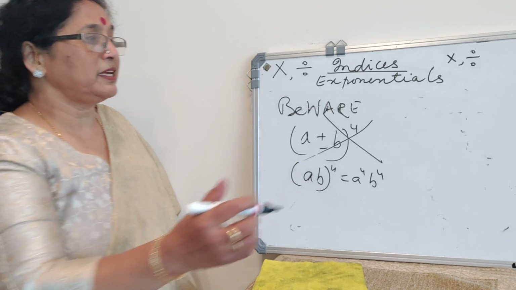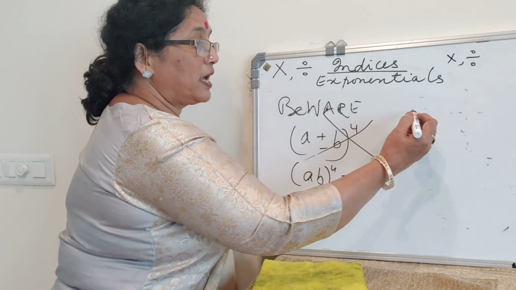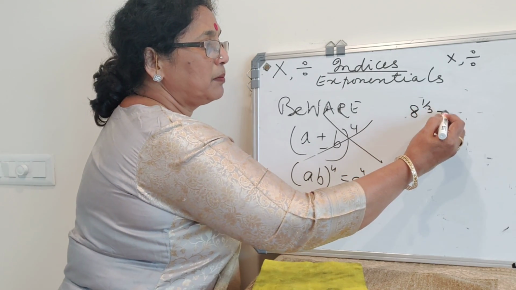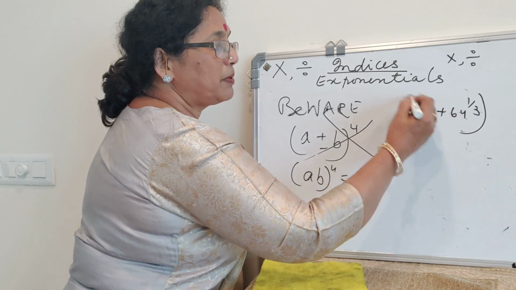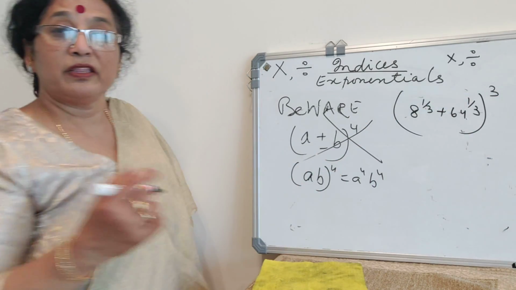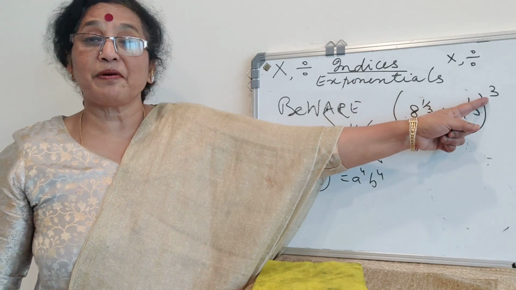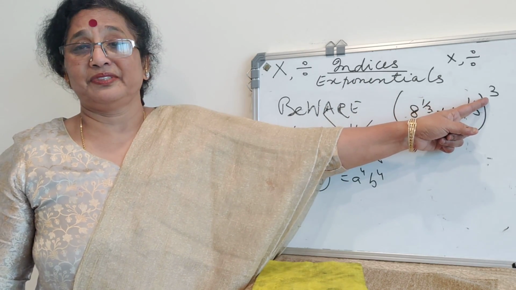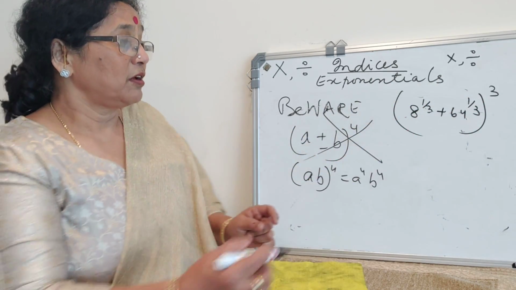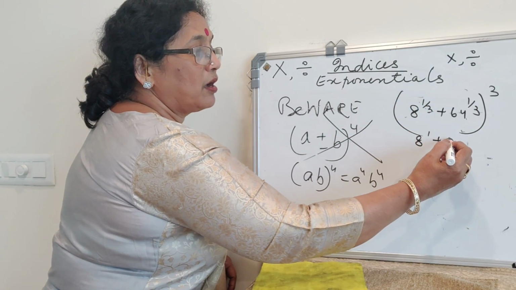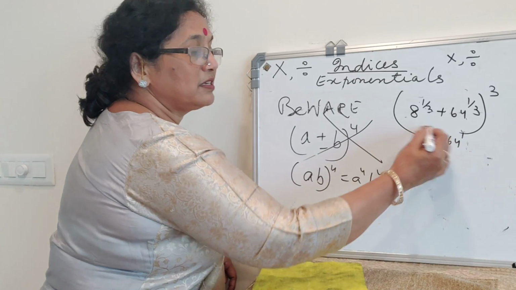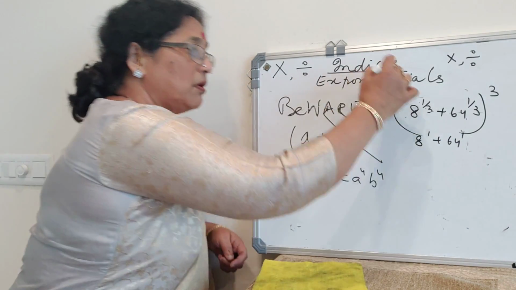So often we see, when I give children something like 8 to the power 1/3 plus 64 to the power 1/3, all to the power of 3, there is a power raised to power, you get 1. So people write 8, they bring the 3 inside, this becomes 1/3 into 3, 1, and 64 to the power, and the answer they give as 72.